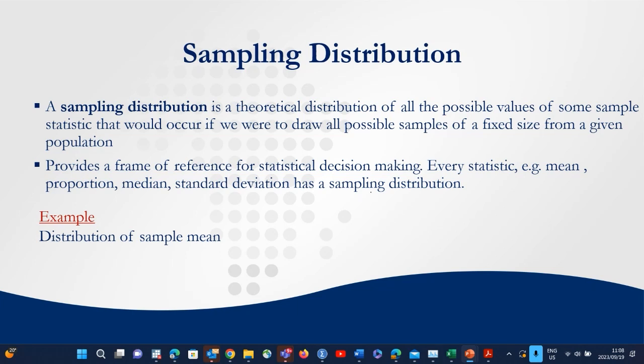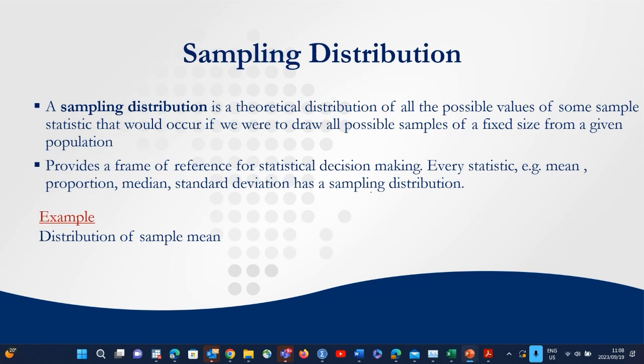It's a theoretical distribution. These are things which have been investigated and established, that a certain sample statistic under certain conditions will have this particular distribution. So statistics will have some theoretical distributions associated with them.